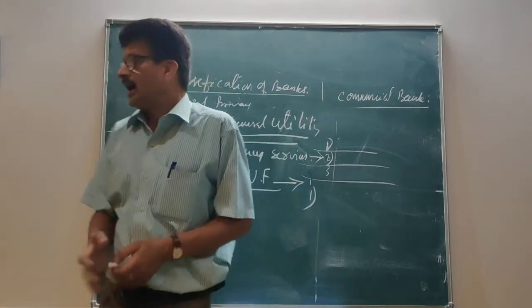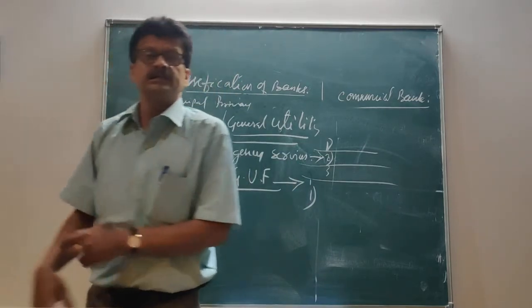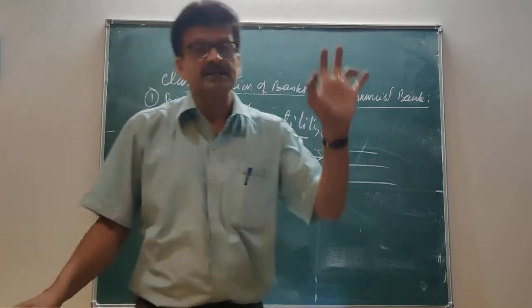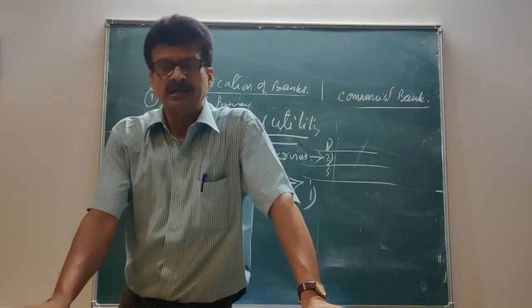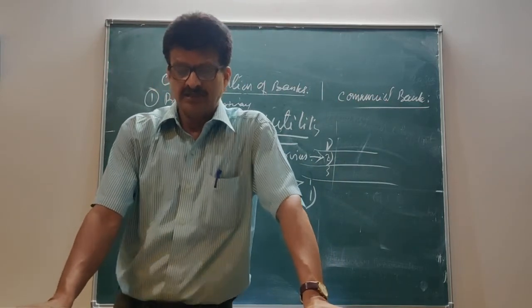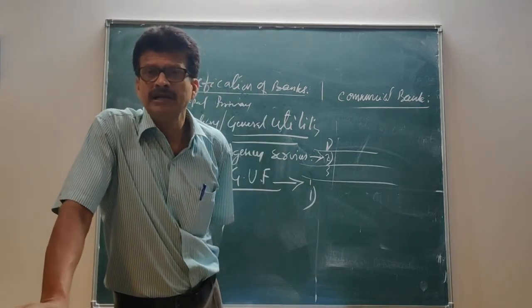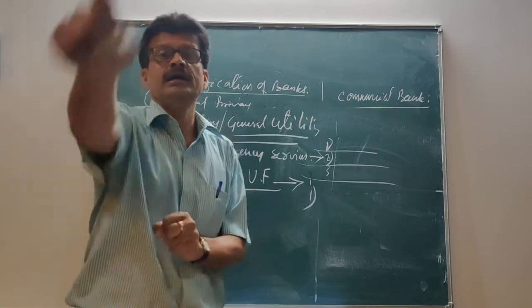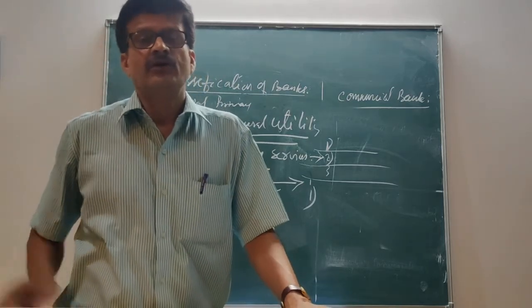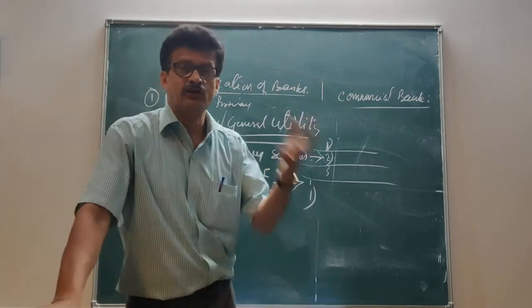Maybe I will deposit in the safe locker only, even the money. But whatever is deposited in a safe locker, safe custody as such, the banker will not pay any interest. In fact, you need to pay charges, rent for that safe locker facility that you have availed.